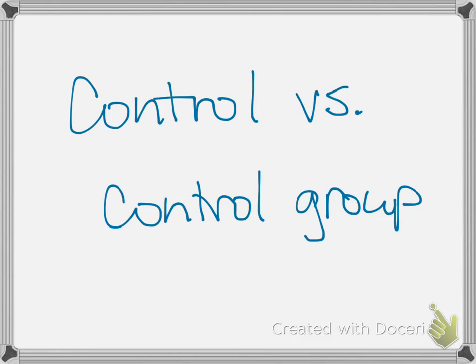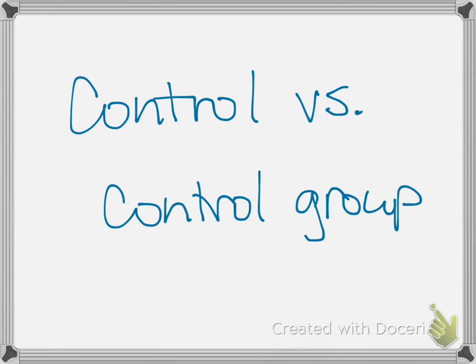Now, you do need to keep in mind the difference between this idea of control and this idea of a control group. A control group is an important component in an experiment, and that's simply the group that you're not imposing any sort of experimental treatment on. Maybe you're trying to study the effects of, I don't know, drinking a liter of Coke a day. And so maybe one group, you say, go drink that liter of Coke a day, and the other group is your control group, and they don't drink that liter of Coke a day.